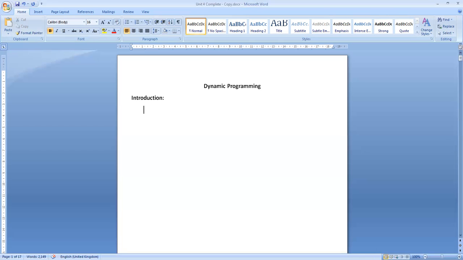Even if there is an error in stage 1, it will try to optimize the solution. Like that, if there is an error in stage 2, then it will try to optimize the solution from the next decisions onwards. Whatever the initial decisions, the remaining decisions will contribute to optimizing the solution.